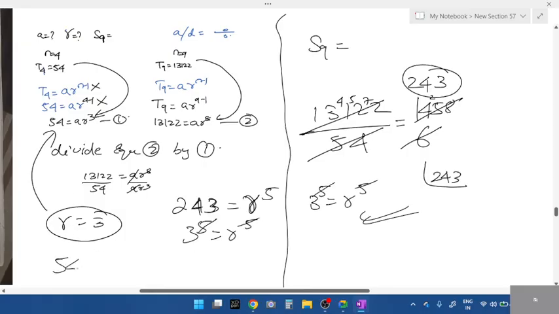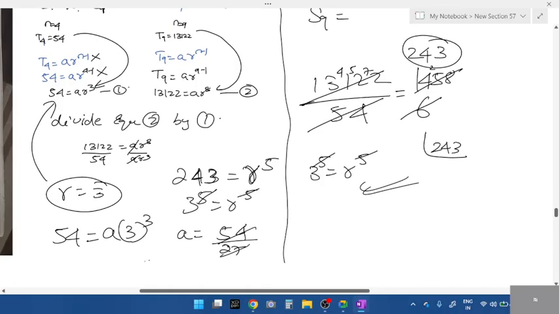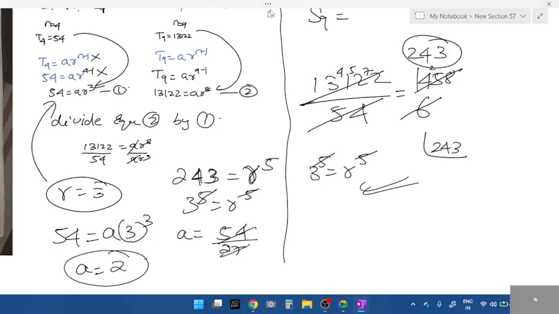If you substitute, 54 is equals to A into 3 cube. Therefore, A is equals to 54 divided by 27. What's the answer? Is it 2? A value is 2. Is it correct? All of you got 3 and 2, students.